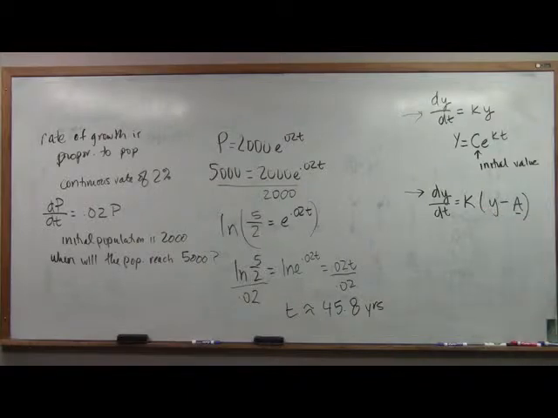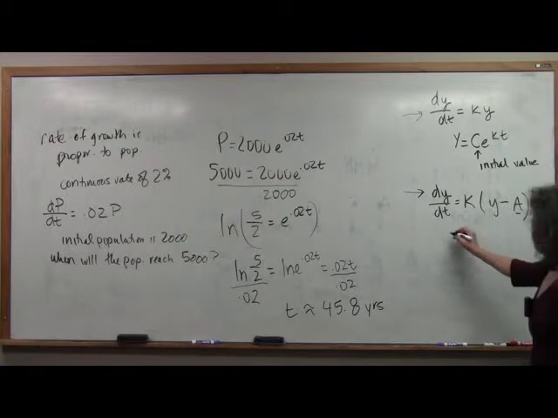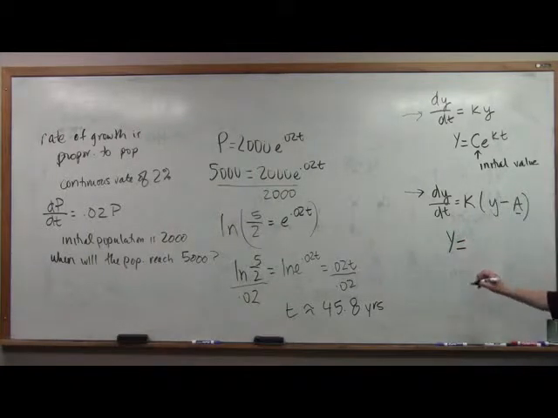Both k and a are constants. So this should ring back to that yam example where we had k, and I believe it was 200 minus a. Well, I claim that the general solution for this differential equation is a plus C e to the kt.